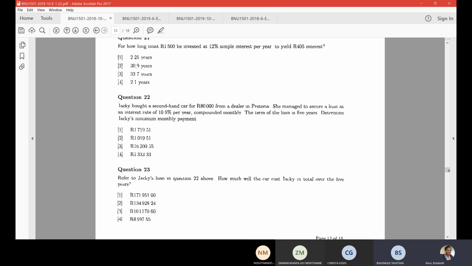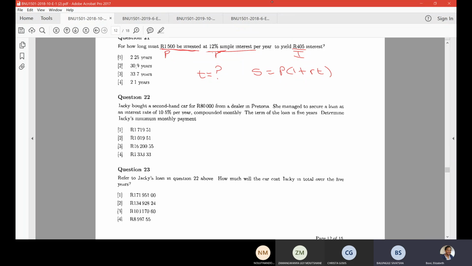So they want you to calculate T. And since it's simple interest, whether you have a financial calculator or not, you need to calculate T. They give you the interest amount, they give you the present value, which is P, they give you the interest rate, which is R. To calculate simple interest, we know the formula is S equals P times 1 plus RT. They're asking you to calculate T.